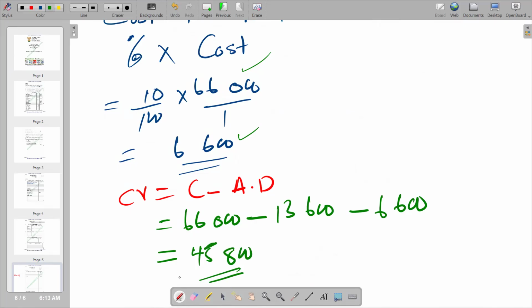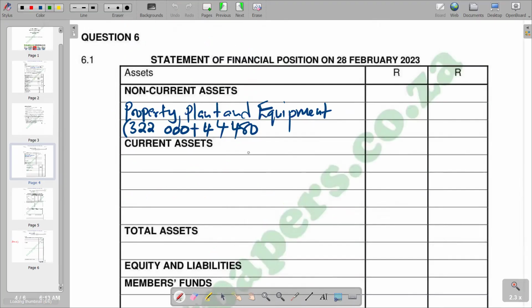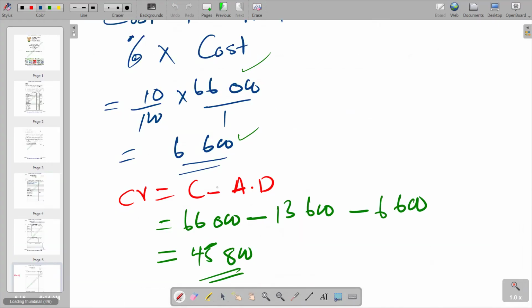So we take our 45,800, and this is the figure that is going to our statement of financial position. So here we are saying plus the figure that we got, which was 45,800. You can just maybe try to confirm. Yes, 45,800.